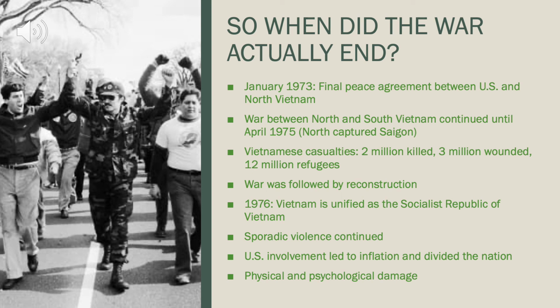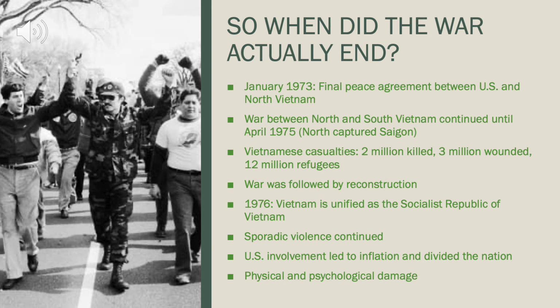But there was sporadic violence that continued due to the conflicts that were still there between Laos, Cambodia, and Vietnam. And the US involvement led to inflation because more than $120 billion was spent towards the Vietnam effort by the US.